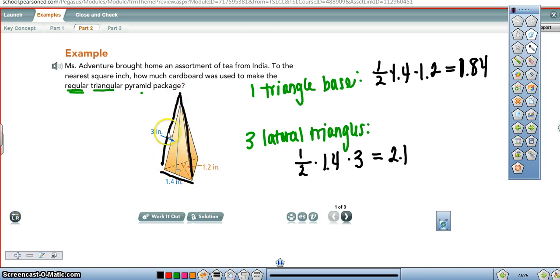But there's 3 because there's the one here, there's one over here, there's one in the back. So we times that by 3, and then we would get 6.3.